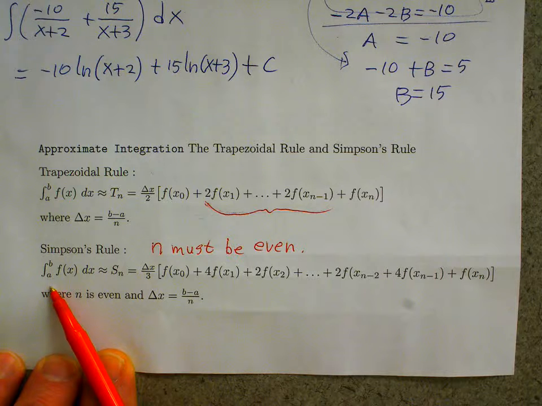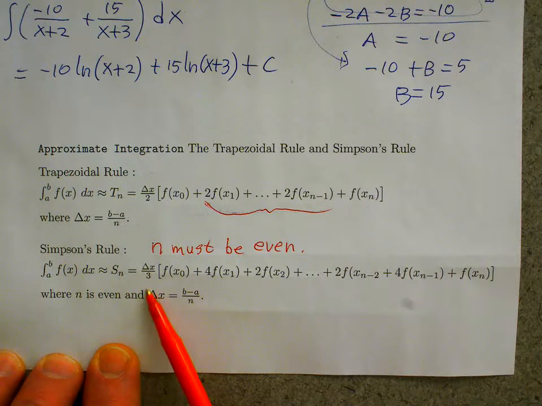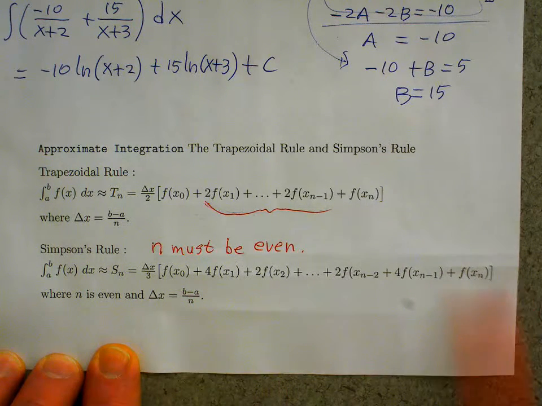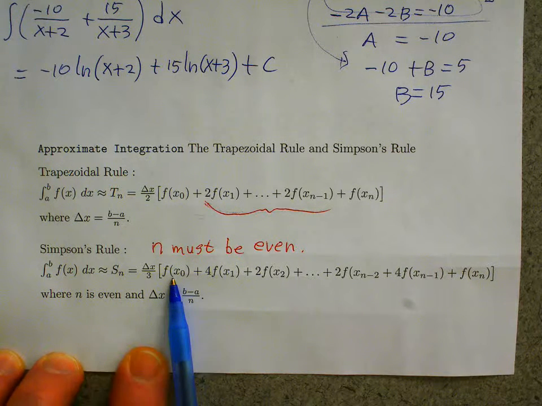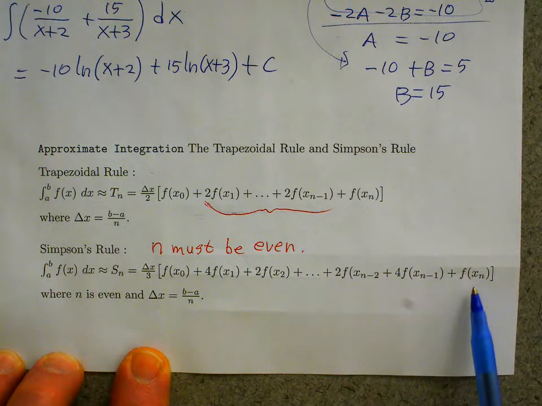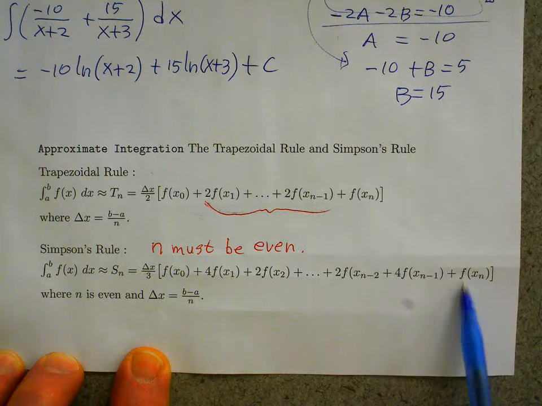So n must be even, so to approximate the definite integral of f of x from a to b, S sub n is delta x divided by 3 multiplied by a quantity inside the brackets. So the first term inside the brackets, f of x sub 0, and the last term, f of x sub n, have a coefficient of 1.